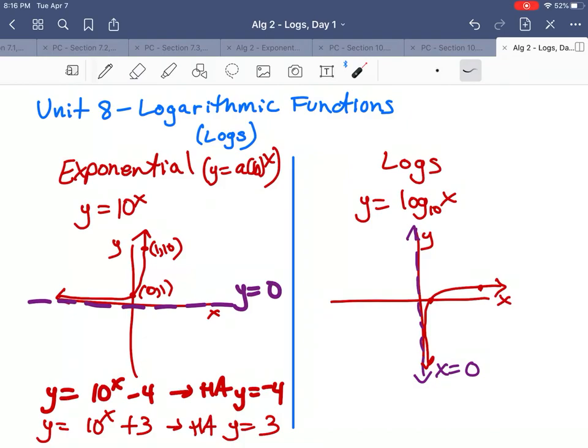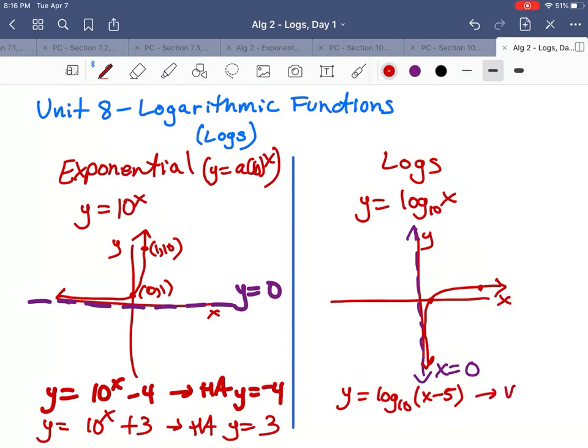The only reason that asymptote would move is, since it's a vertical line, you'd have to move to the right or to the left. Imagine if you had y equals log base 10. I know this looks funny to you right now, but we'll look at it better later. If I put x minus 5 in here, that would be moving this 5 to the right.